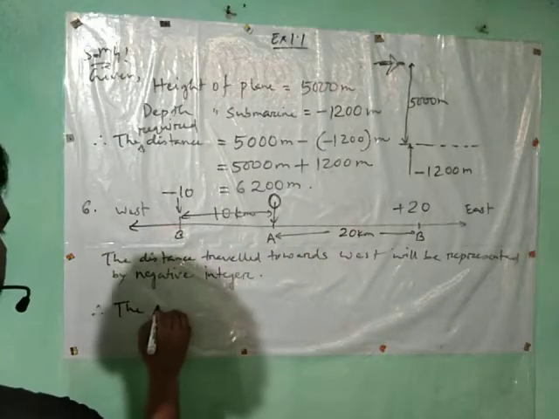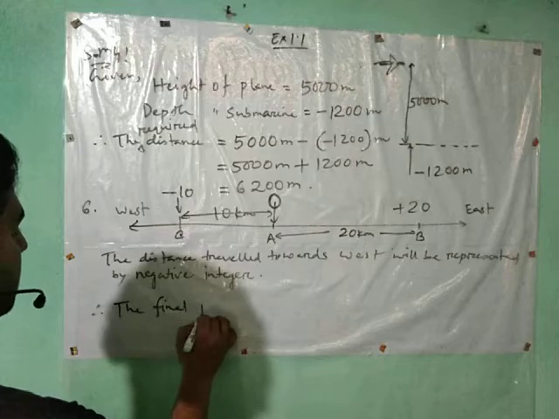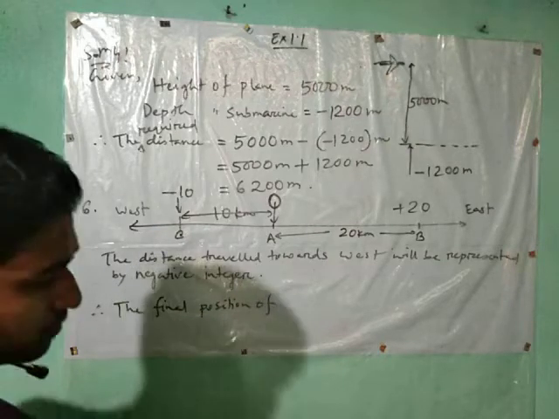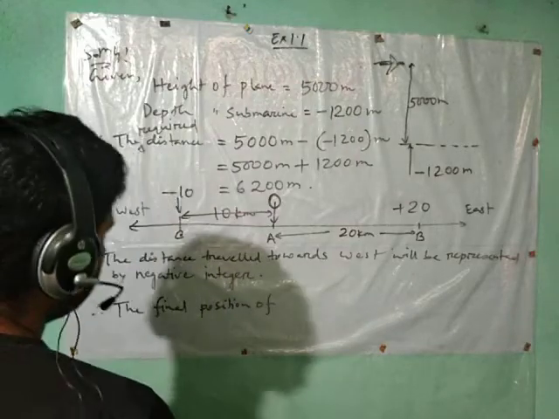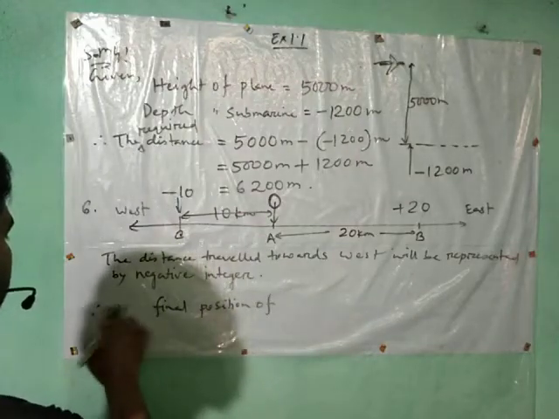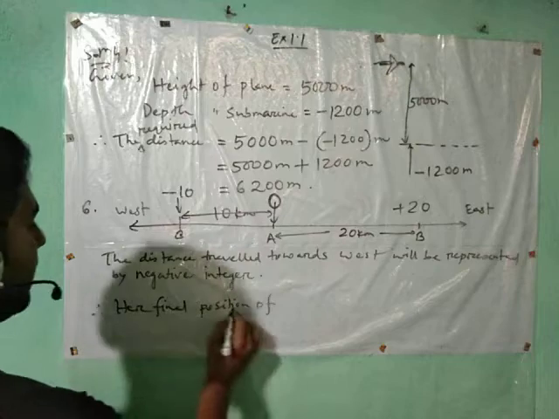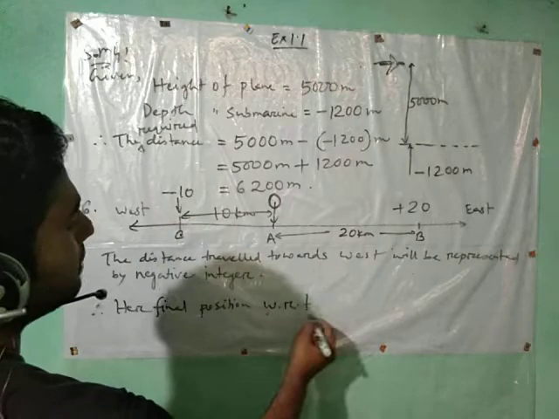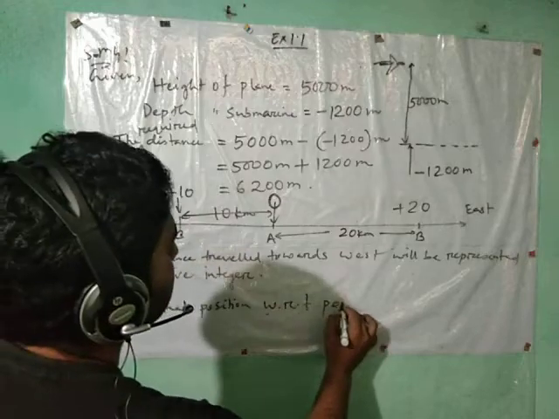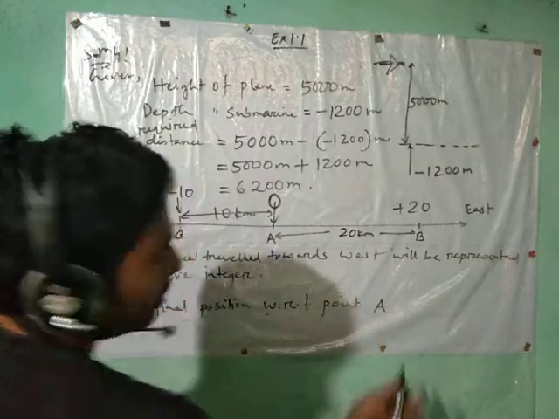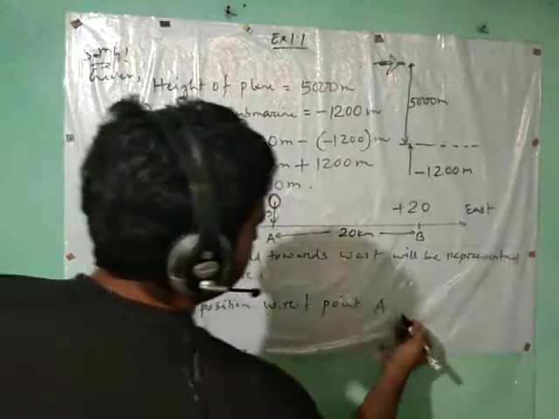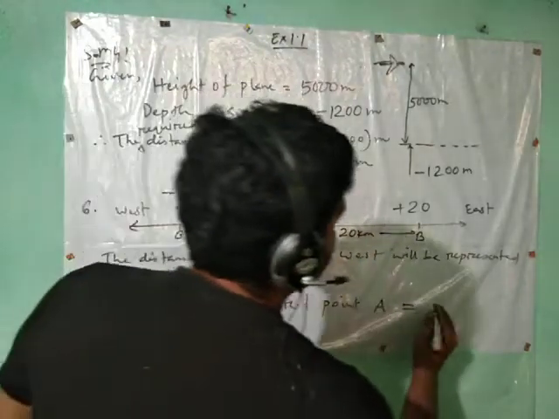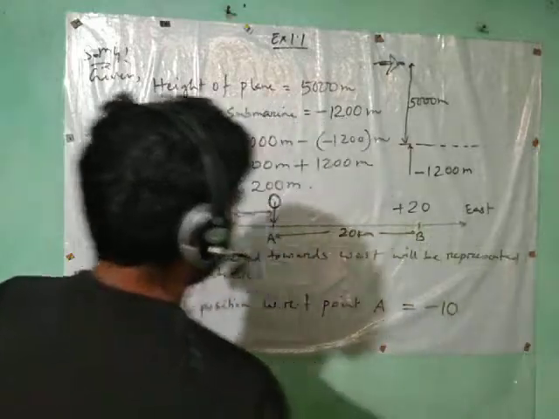Therefore, the final position of her, with respect to which point? A, it is given in the question, see. Her final position with respect to point A will be equal to -10.